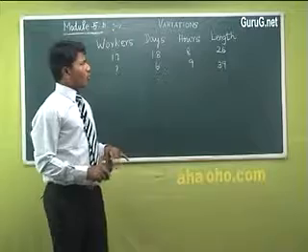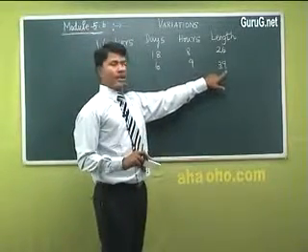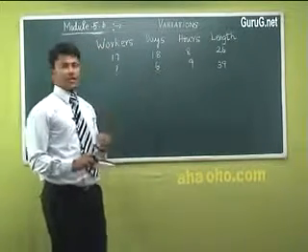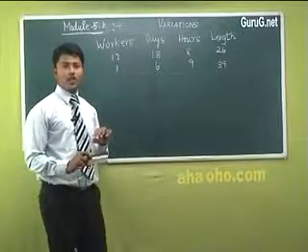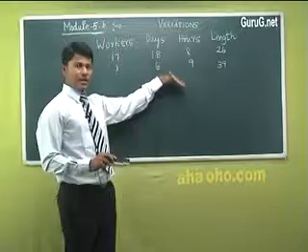Now if you want to dig a tunnel of 39-meter length, working 9 hours per day for 6 days, how many workers will you need? So as I said, the first step is write all the data.